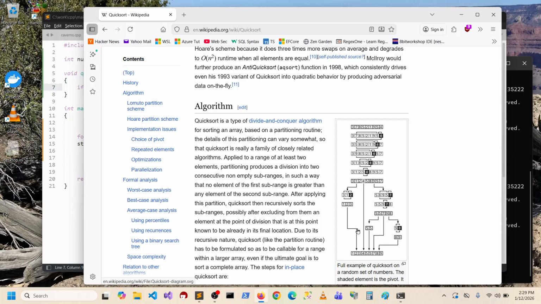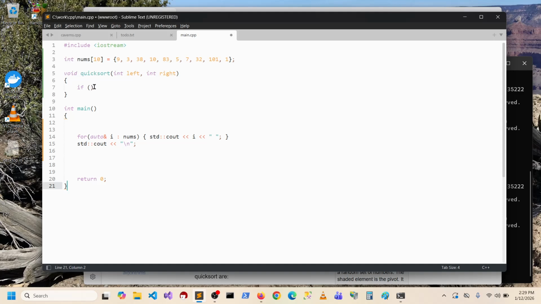Okay, let's just make this simpler. So let's do a partition here. Okay, so where do I even do that? Do I have to pass in the partition? Like that, and then call it from here.